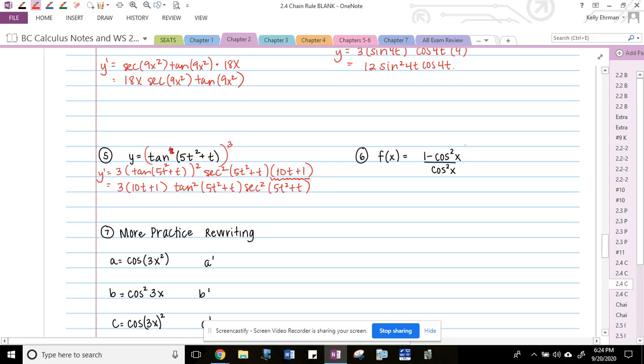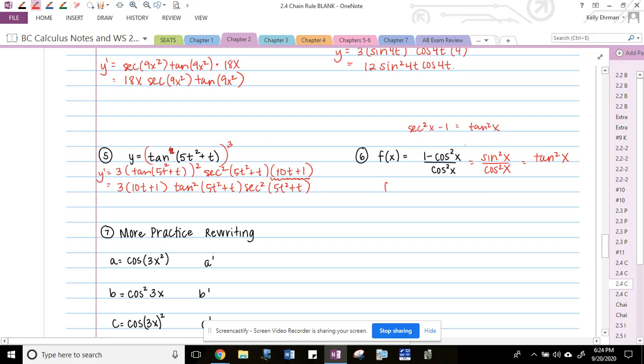Or 1 minus cosine squared is sine squared, and sine squared over cosine squared is tangent squared. If I do what I said before, secant squared x minus 1, that is tangent squared. So either way, you get to the same place.